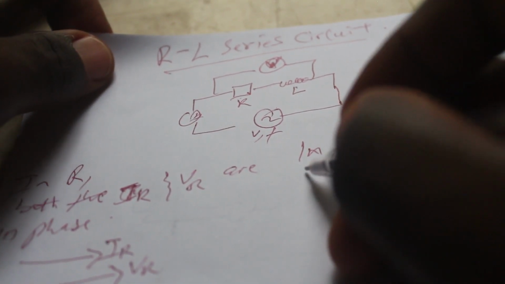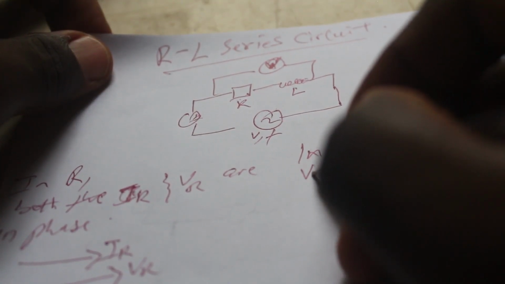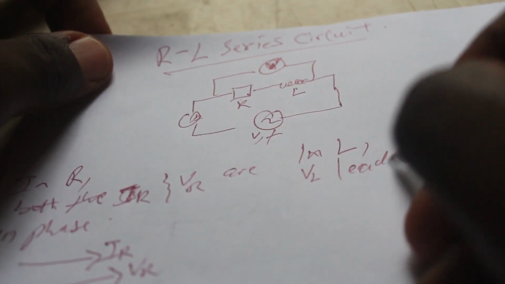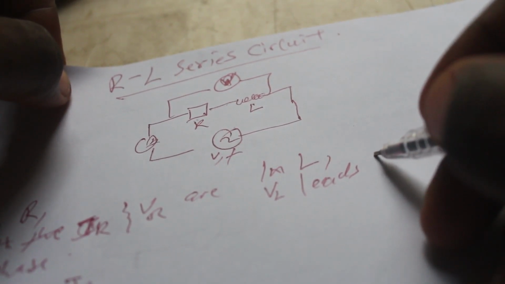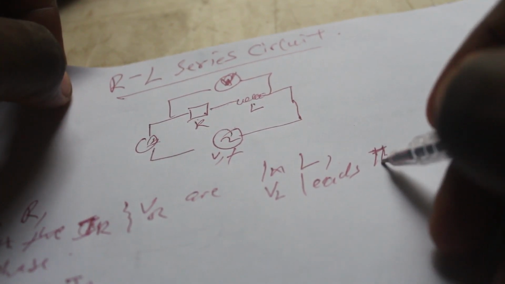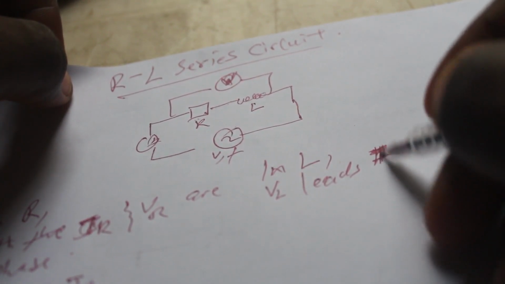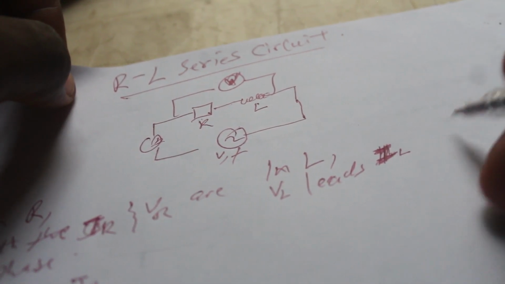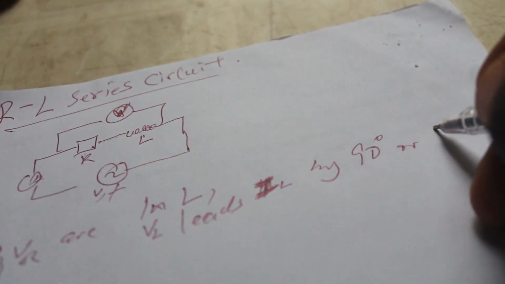Now, similarly, in the inductor, the voltage across the inductor leads the current in the inductor by 90 degrees, or pi over 2 radians.